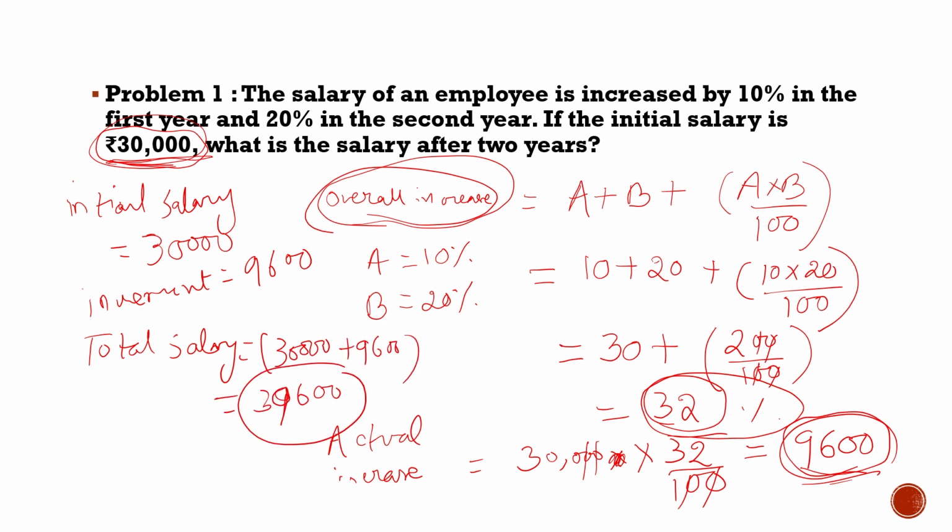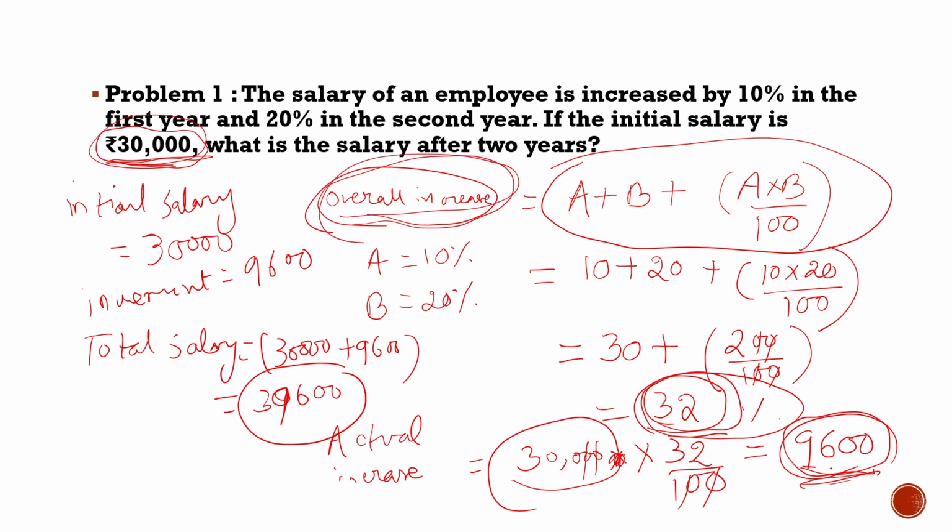So you just have to apply this formula of successive percentage increase. First, applying this formula, you have to find out the overall increase. So the overall increase will come down to 32%. Then you have to find out the value of 32% of this initial salary, which is 9600.